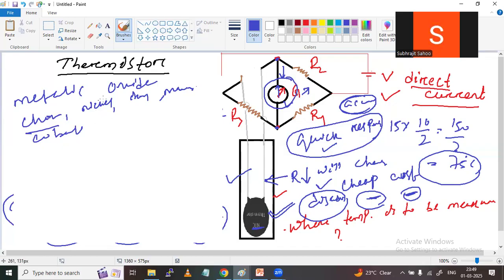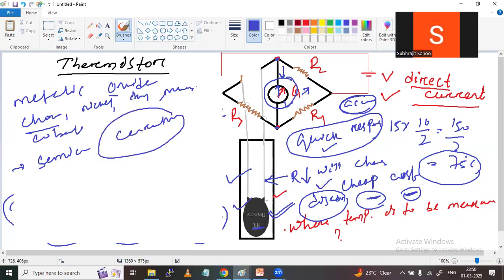The oxides of these metals are used for construction of thermistors. Apart from that, other types of materials are also used: semiconductor materials. Which one? Ceramic. Ceramic material is also used for construction of the thermistor.